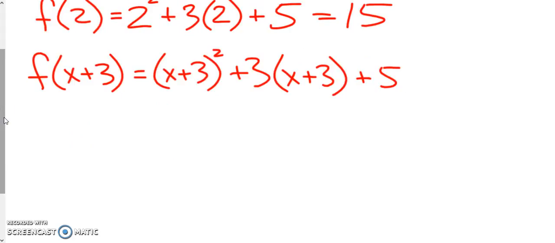What's x plus 3 quantity squared? Don't know, figure it out.